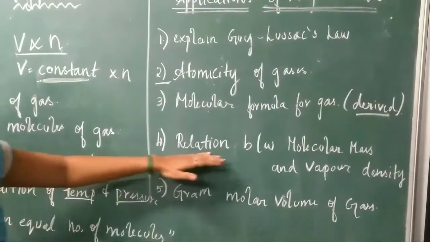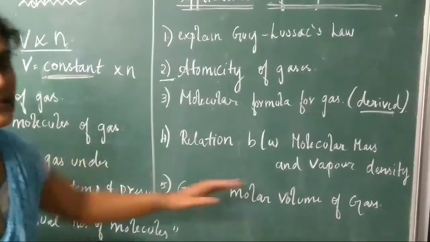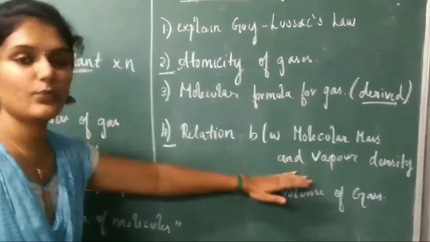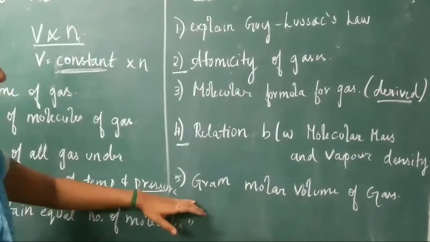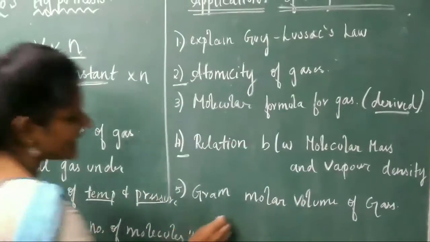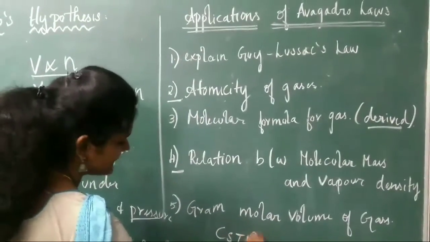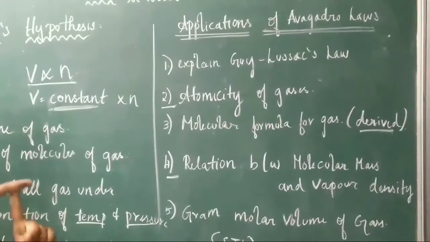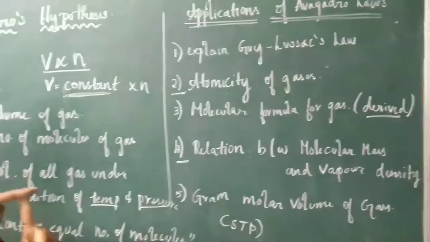Next is the relation between molecular mass and vapor density. It determines the relation between what? Molecular mass and vapor density. Next, we can determine the gram molar volume of the gas at STP. So, to recap the applications of Avogadro's law: first, it can explain Gay-Lussac's law.